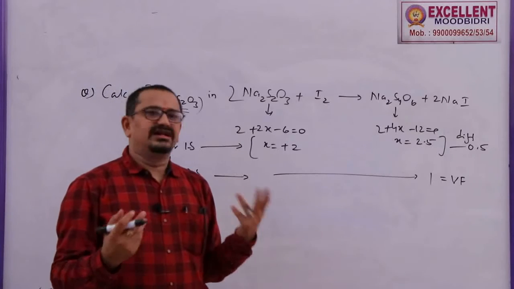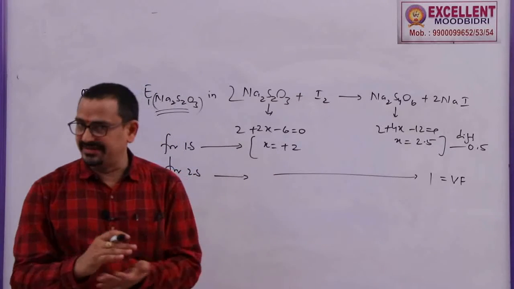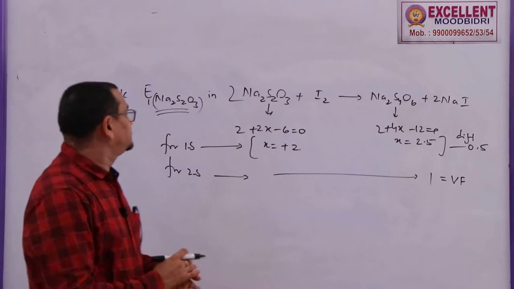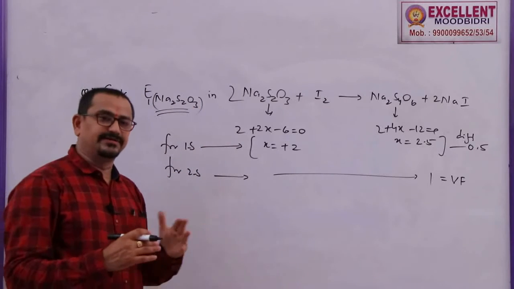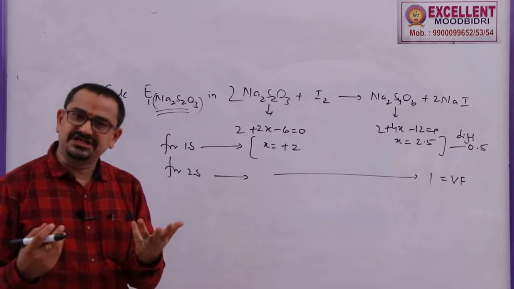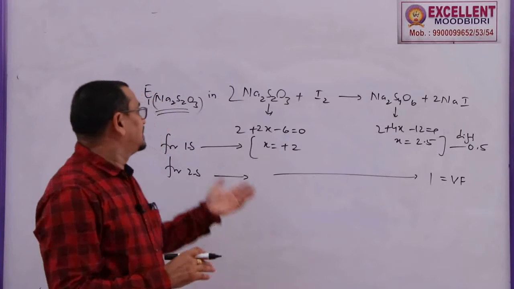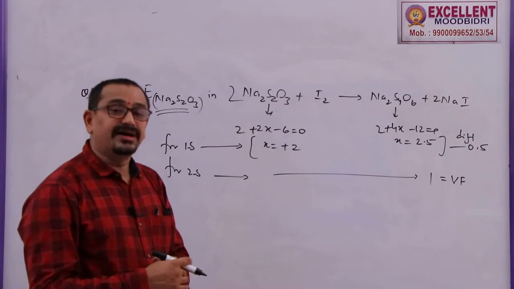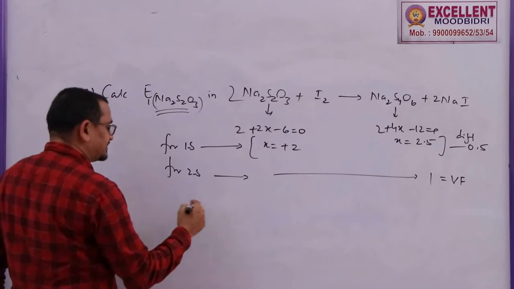You know, the valency factor of acids is nothing but basicity. The valency factor of a base is nothing but acidity. And the valency factor of a salt is nothing but either the total positive charges or negative charges. And the valency factor of oxidizing and reducing agents is the difference in oxidation state per mole. Now here the valency factor is 1.